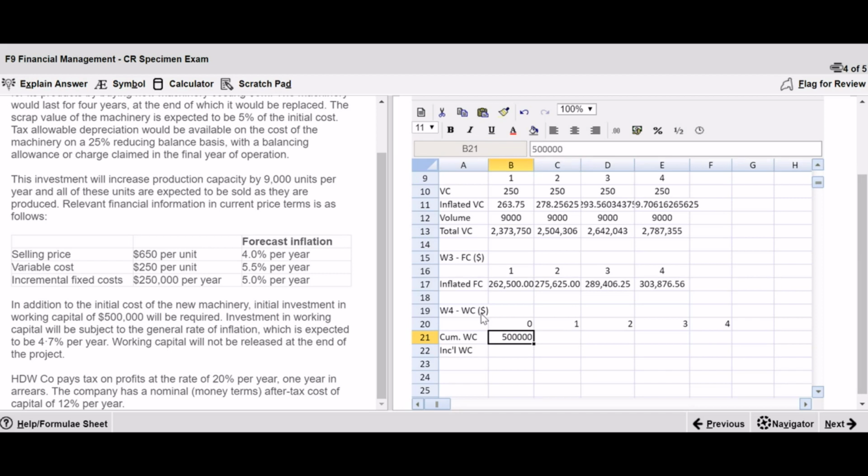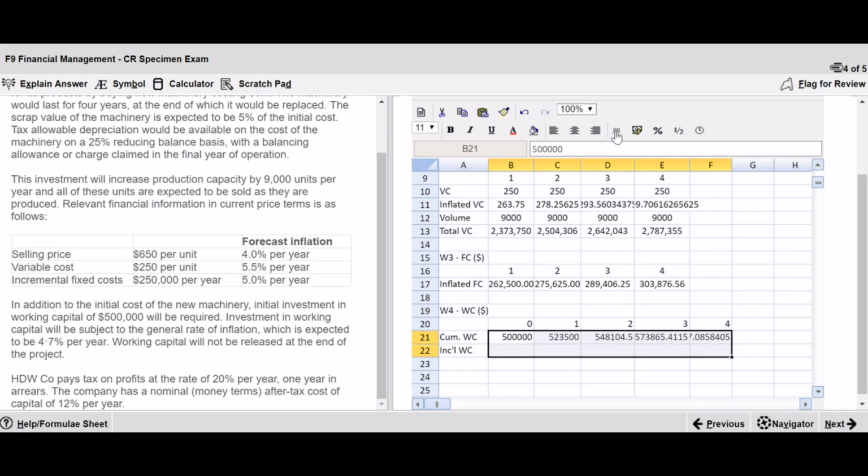This will increase by 4.7%. So we'll take the B21, 1.047. This will further increase by the same 1.047. So C21, 1.047. And this will keep increasing by the 4.7%.